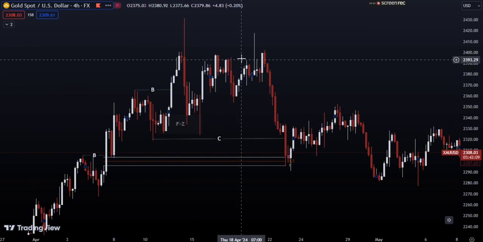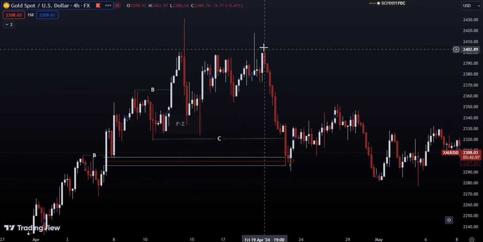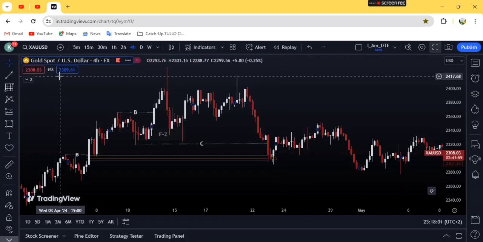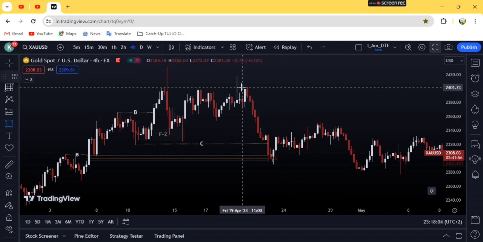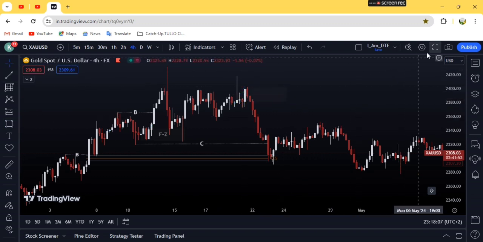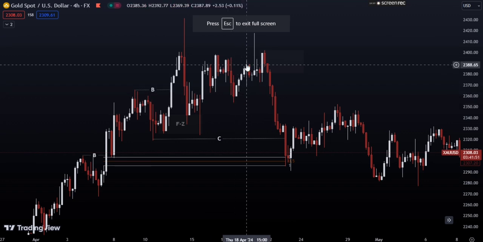The price later went to the upside, creating this reversal supply. This basically means this is the demand zone of interest. I can take this, I can take that, because you can see what happened. There is a rally, base, rally.